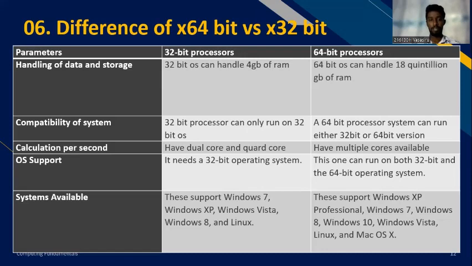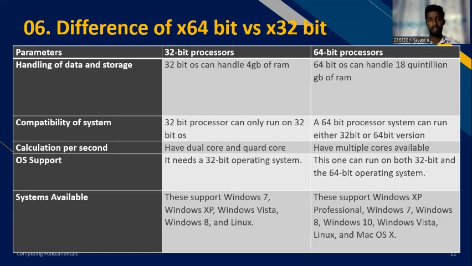OS support. A 32-bit operating system needs a 32-bit processor. With a 64-bit operating system, both 32-bit and 64-bit operating systems can run.